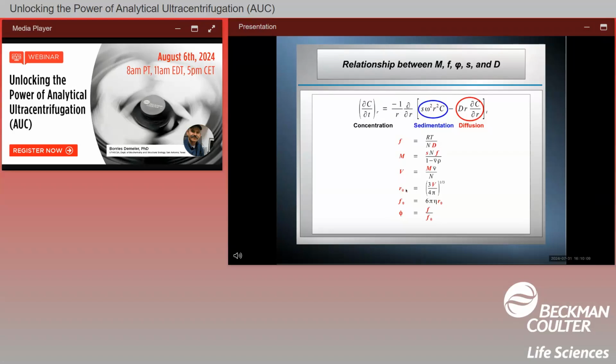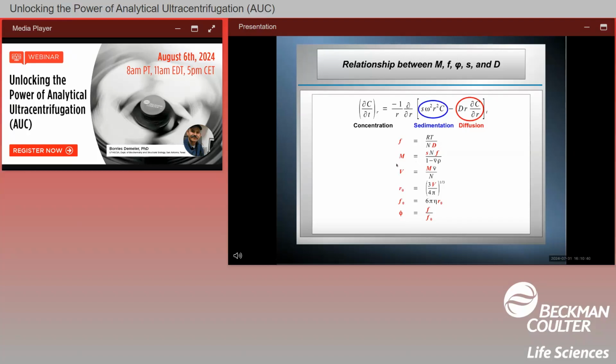This is called the minimal sphere, or R0, which together with the Stokes-Einstein relationship in this equation can then determine what the minimal frictional coefficient of a molecule would be if we could take that molecule and squeeze it into a sphere. And so that frictional coefficient, or F0, is going to be smaller than the frictional coefficient that we observe for the molecule that is in its original shape.